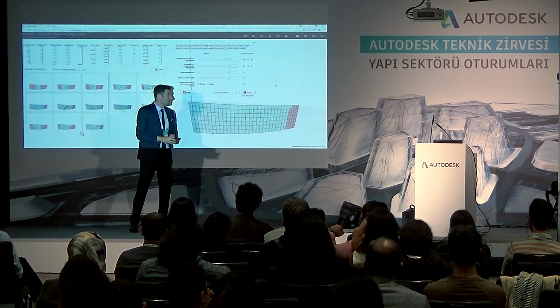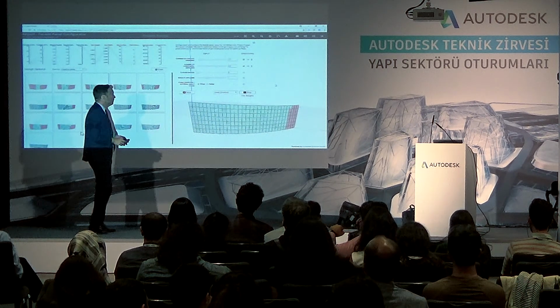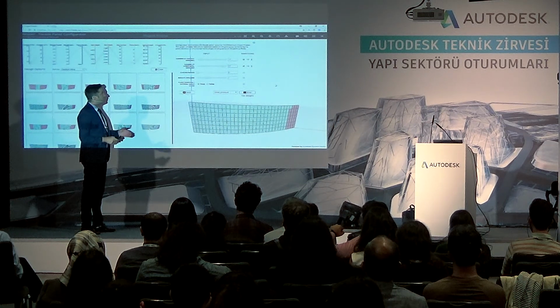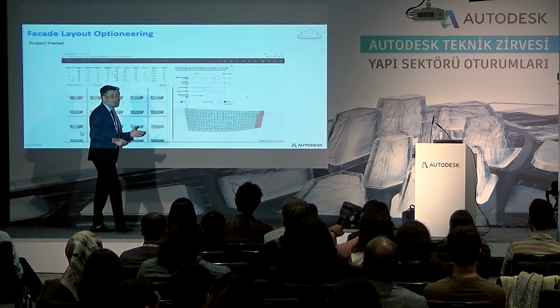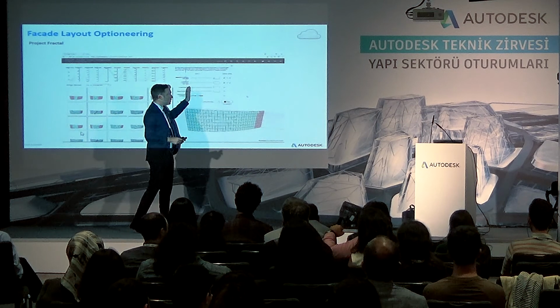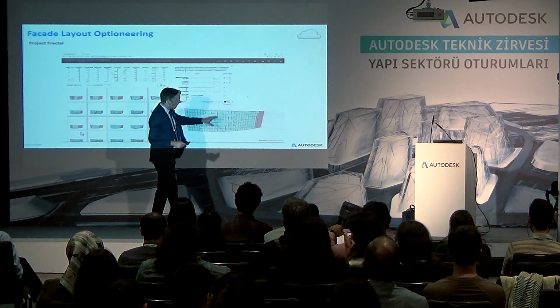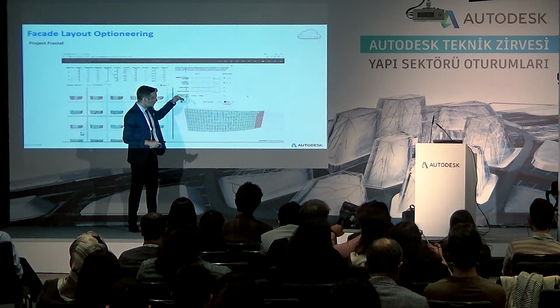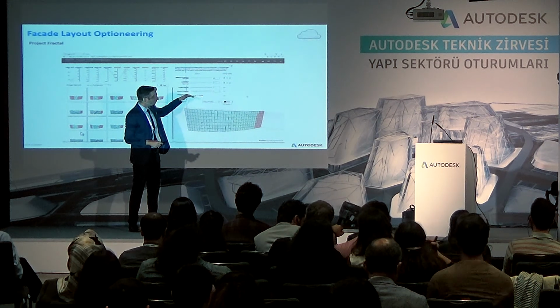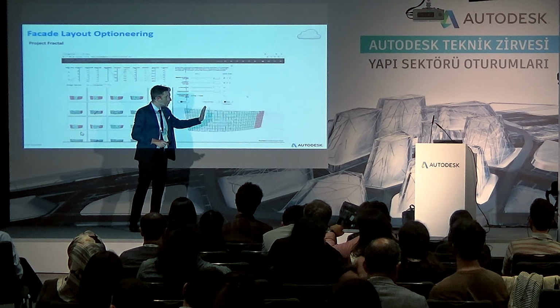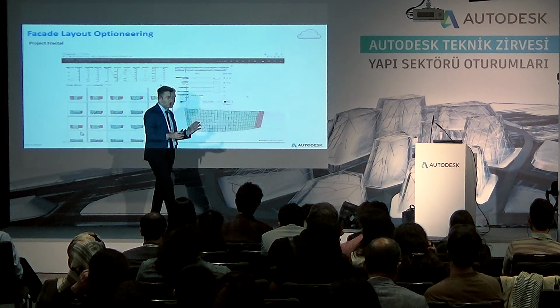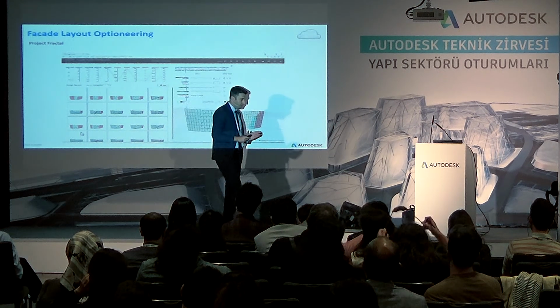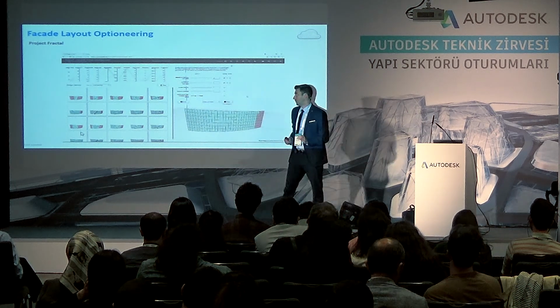And Project Fractal is using the power of the cloud to compute different options. So we can choose from a range of solutions. Say, I want 10 rows, 12 rows, 20 rows, combine that with 20 vertical rows, 25. So we can do all these hundreds of combinations using the power of the cloud.